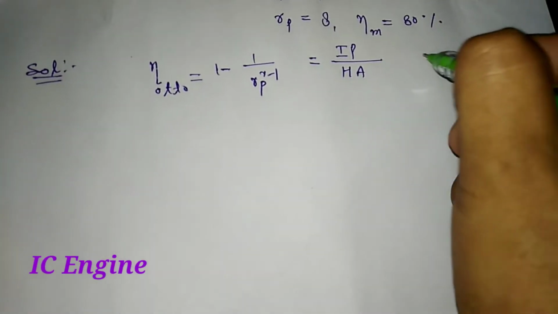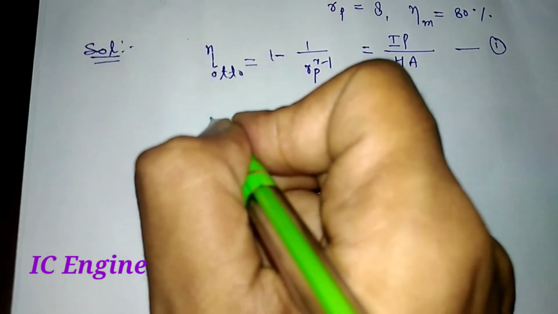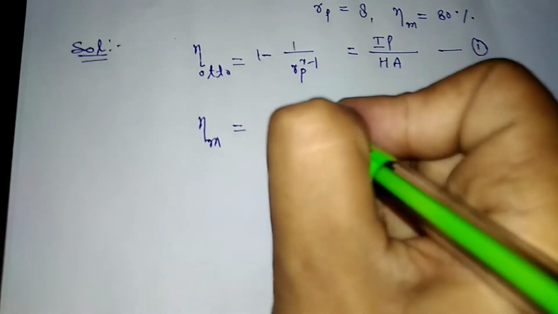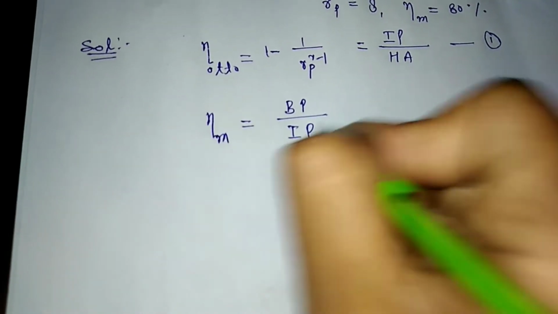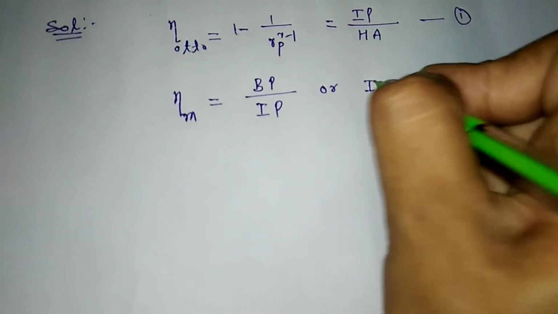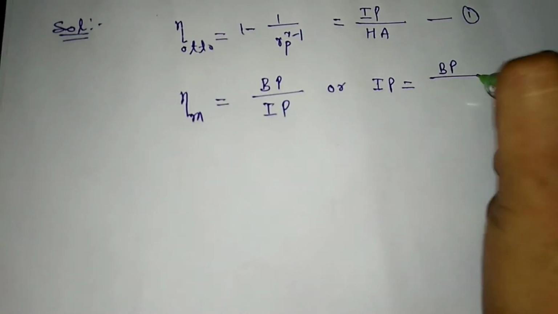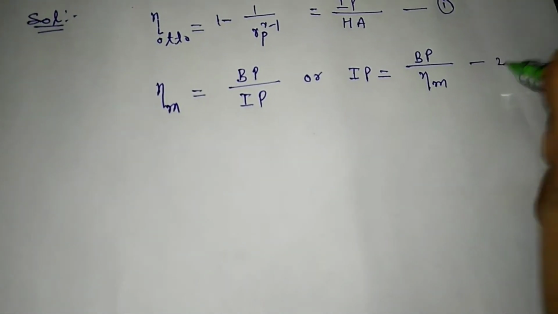So this is our equation first. Now the formula of mechanical efficiency is given as brake power upon indicated power, or indicated power will be equal to brake power upon mechanical efficiency, and this is our equation second.